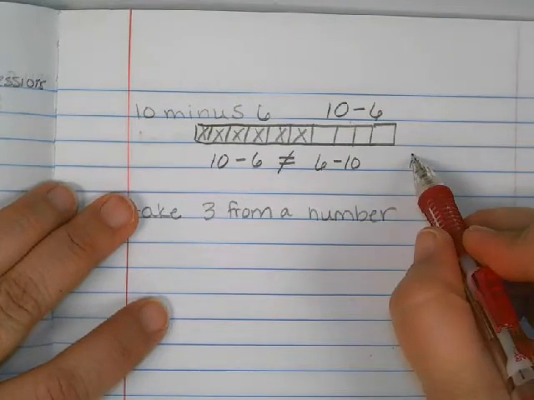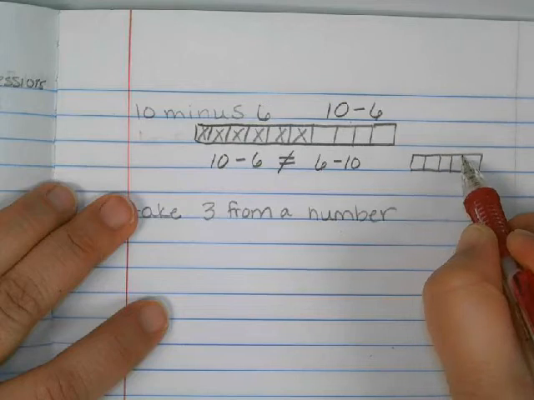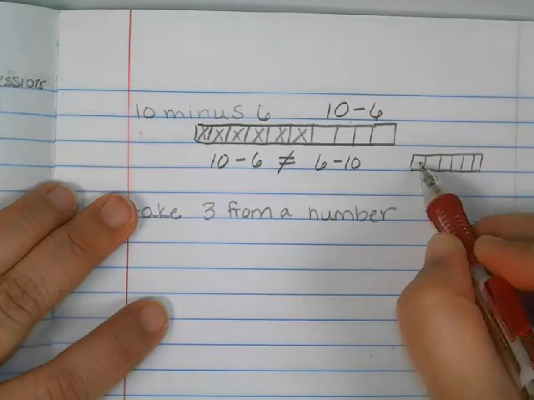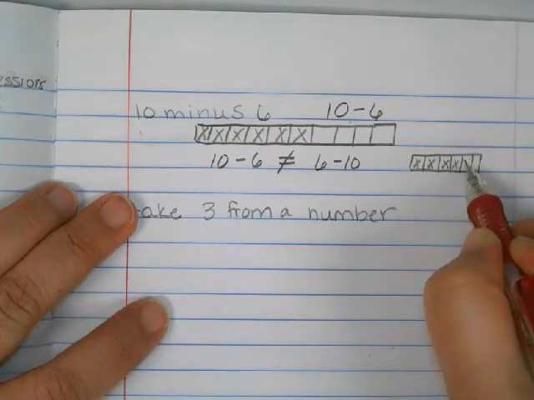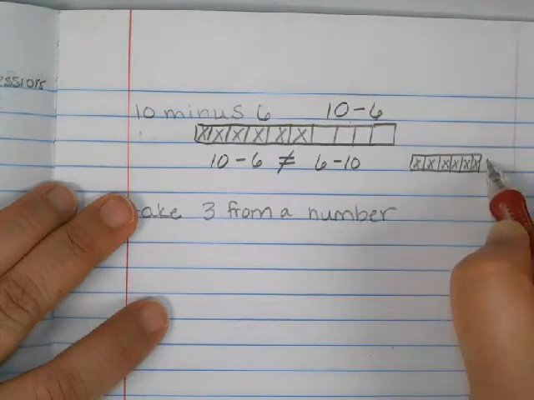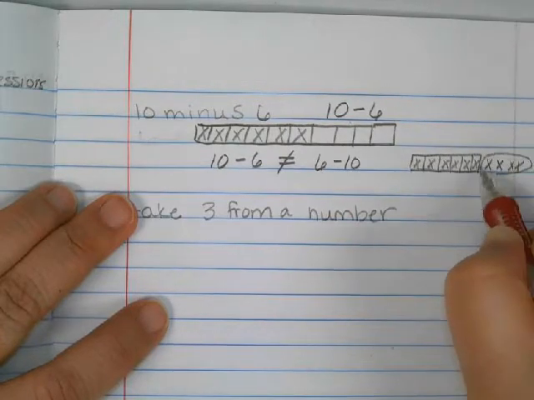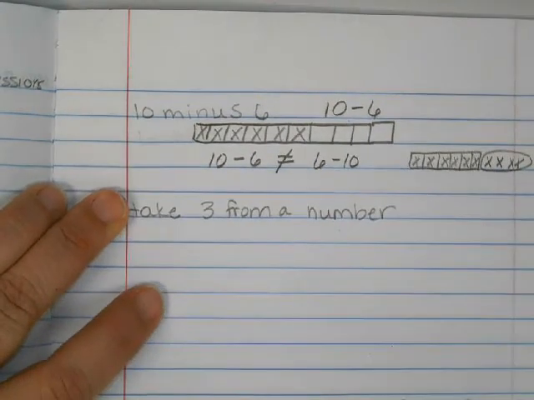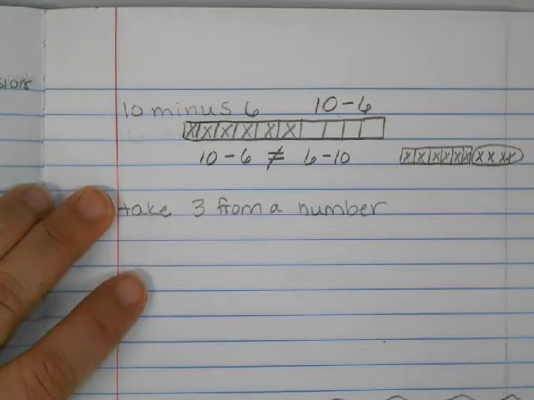If I have 6 and I try to take out 10, there's 1, 2, 3, 4, 5, 6, 7, 8, 9, 10 that aren't, there's 4 that are not represented. So 6 minus 10 is not the same as 10 minus 6.